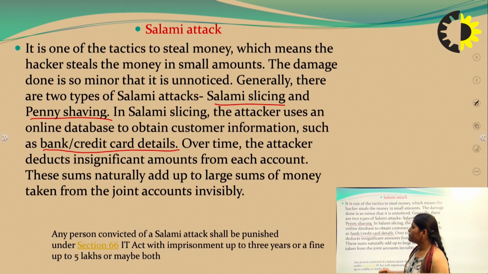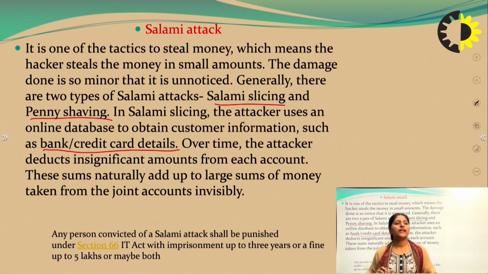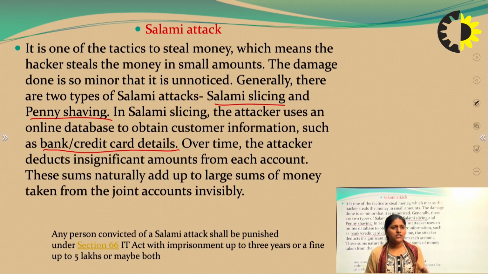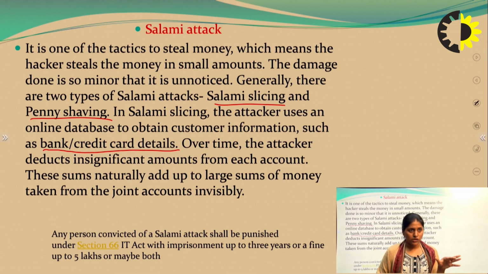Then over time, the attacker will deduct some insignificant amount of money from the person's account, and the sum naturally adds up to a large sum of money taken from the account, which is invisible. Somehow when money is deducted from our account, like 14 rupees, 15 rupees, or 25 rupees, we don't notice, because these deductions are unnoticeable.